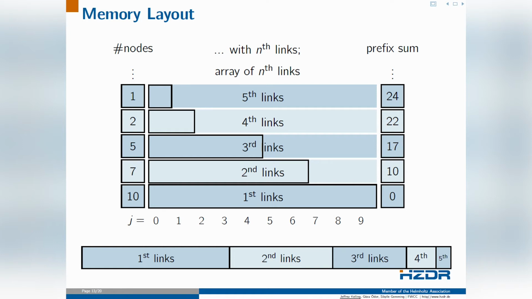That's basically how the memory looks like, because you have linear memory. This prefix sum just gives you where the different sections start. If you don't iterate, it's hard to find things in there, but when you want to do the iteration, it is pretty straightforward and efficient.